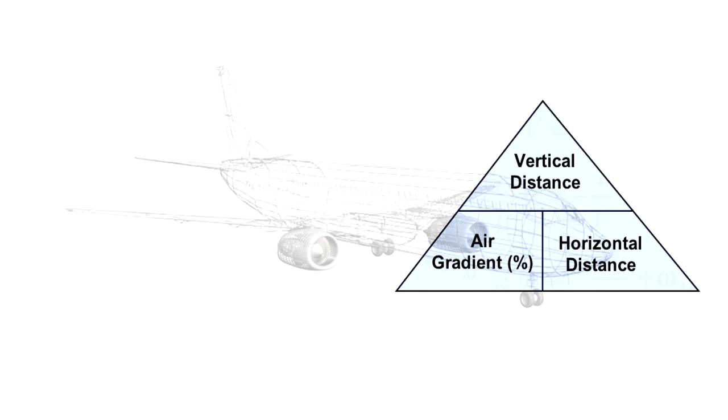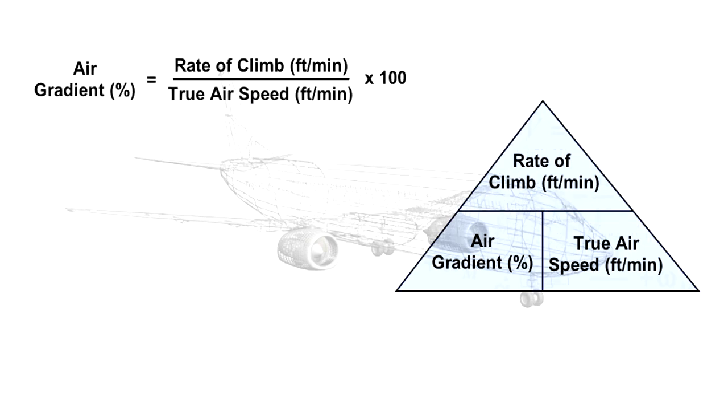The last formula is very similar to the previous one. Instead of vertical distance, we have vertical speed, which is the rate of climb. Instead of horizontal distance, we have horizontal speed, which is the true airspeed. If you were required to calculate the gradient, then you would use the rate of climb divided by the true airspeed.